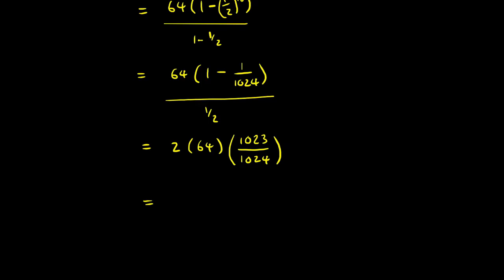So we can use a calculator here. I think 2 times by 64 times by 1023 divided by 1024 is going to give us 1023 all over 8. And if we were to write that in decimals, that'd be 127.875, and that would be our answer.